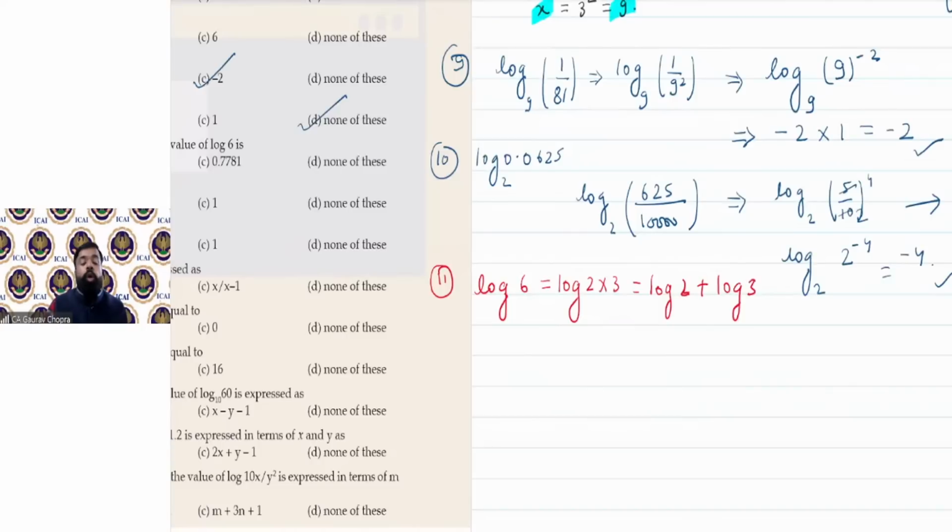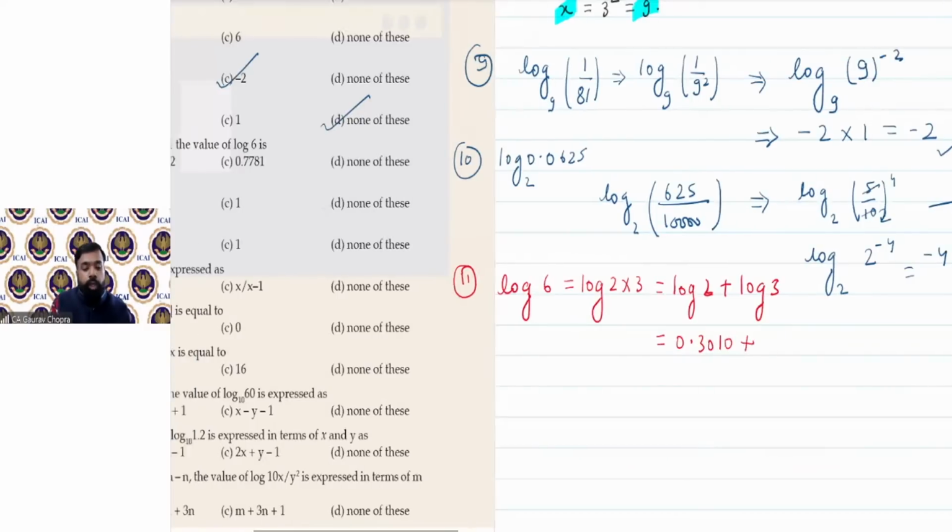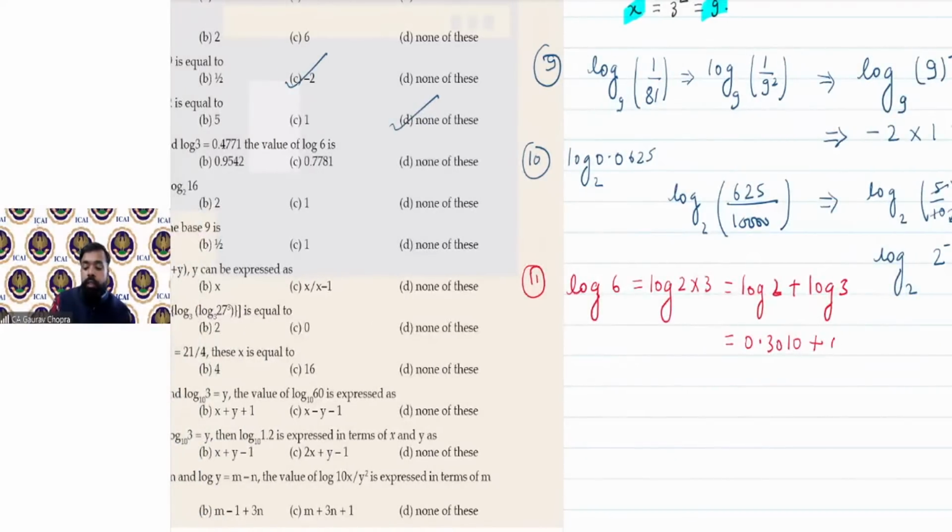Now you have to apply the property. Now the values of log 2 and log 3 are given: 0.3010 plus log 3, which is 0.4771. Now you can add and get the result: 0.7781. This is the final result.